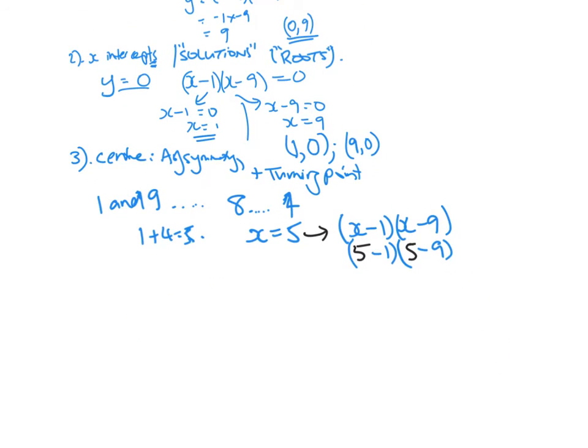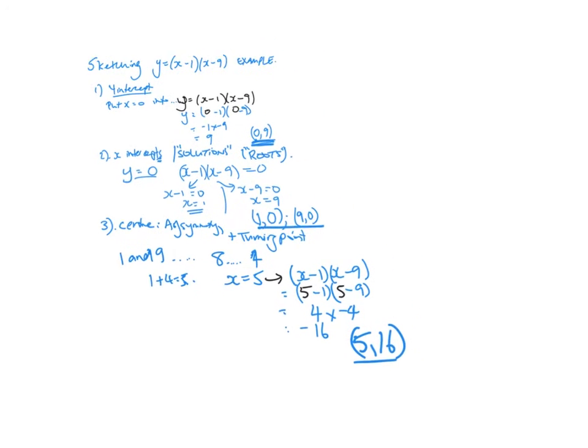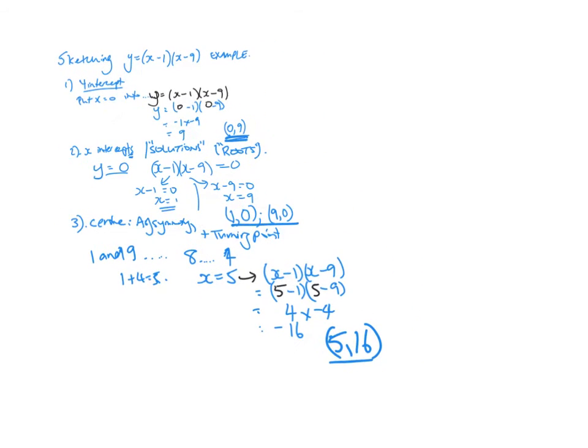Okay, so 5 take 1 is 4, multiplied by -4 is -16. So that central point, the turning point, is (5, -16). That one, these two, and this one. So I have 4 points now, and the thing I have left to do is do a sketch.